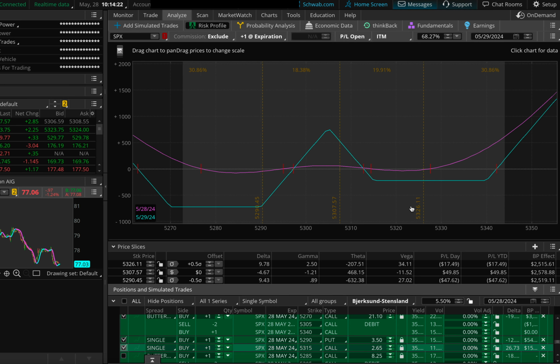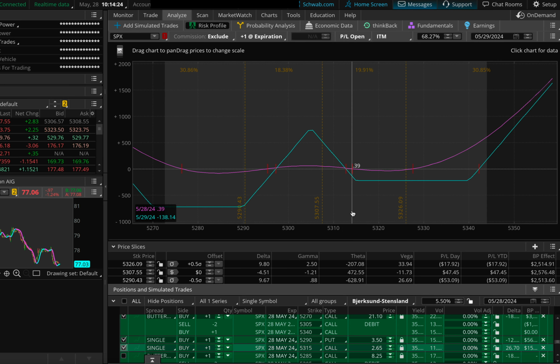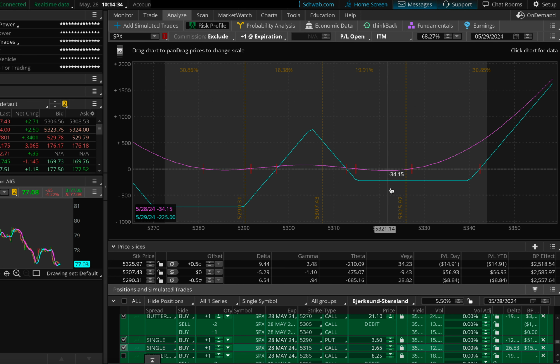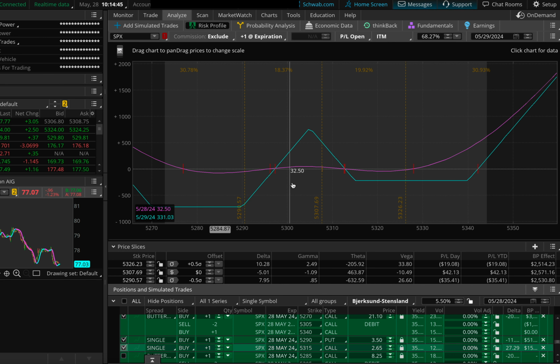Let's look at our protection. It has nice protection on it. This sag would change if the price moved, but as of right now, if it came up here to the low point of the pink sag, we have a risk of $38. On this side, we have a risk of 30 to 40, 50. So that's the 1 standard deviation.